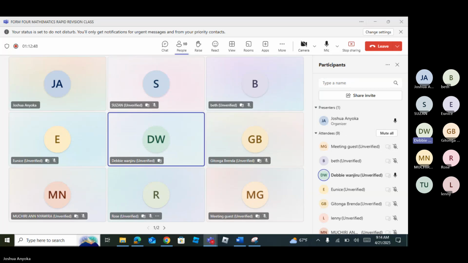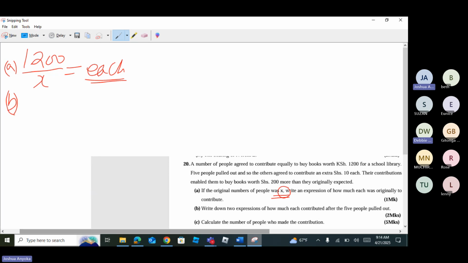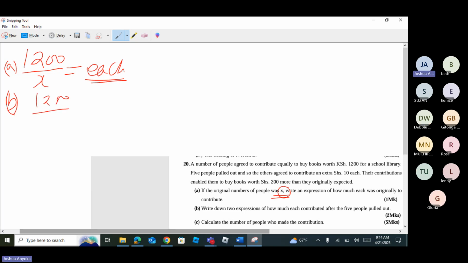So my first expression is 1200 over X minus 5. Your first expression, 1200 over X minus what? 5. 5 people pulled out.